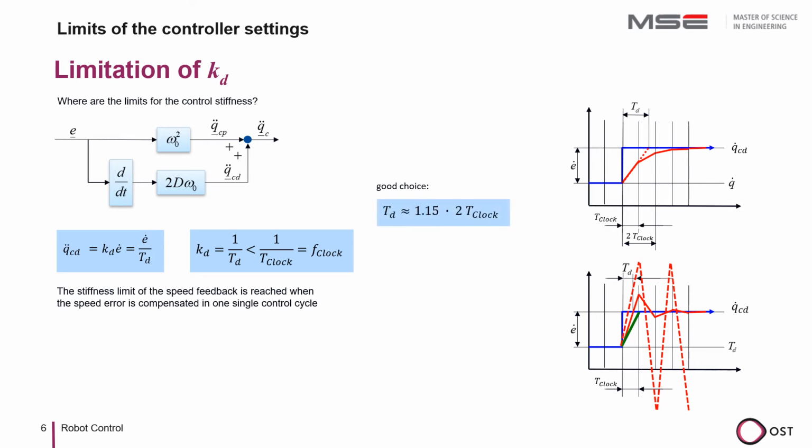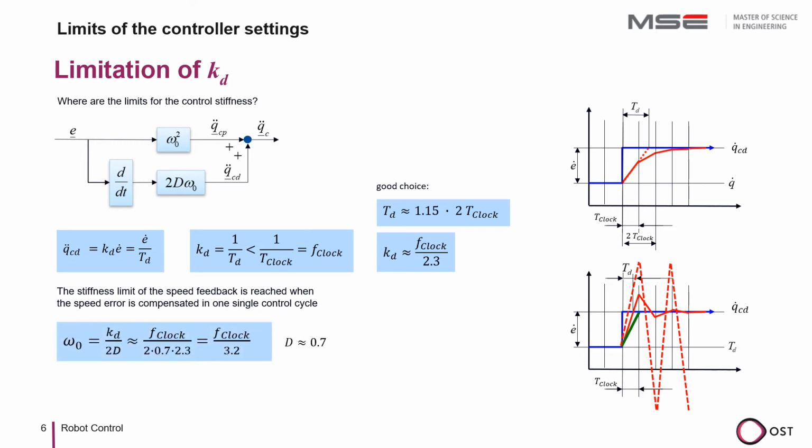In my personal experience, I have found that with a factor of 2, a safety factor of 1.15 is usually already sufficient, which is extremely close to the optimal point. Thus, Td must be larger than 2.3 times T clock, respectively Kd must be 2.3 times smaller than F clock.